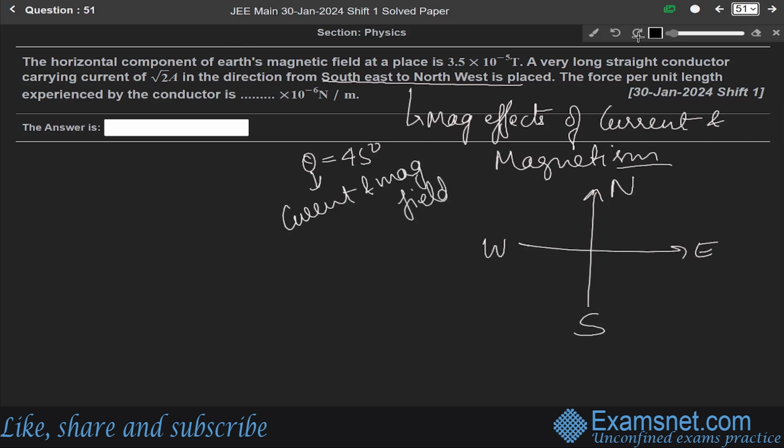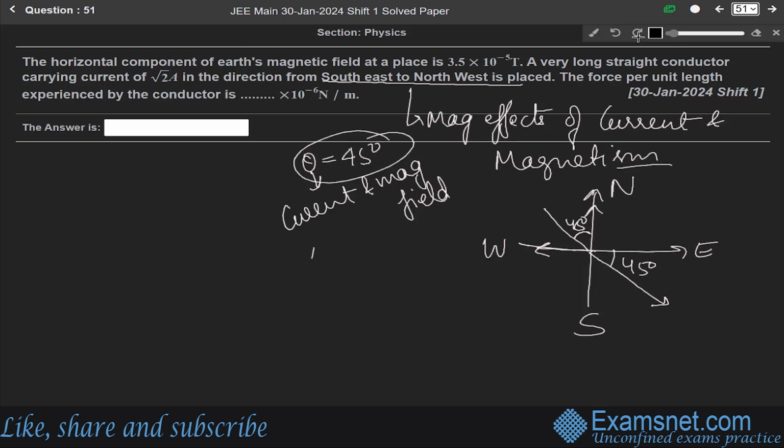Let us say the current is in this direction and the magnetic field in this direction. So the angle between current and magnetic field is 45 degrees.